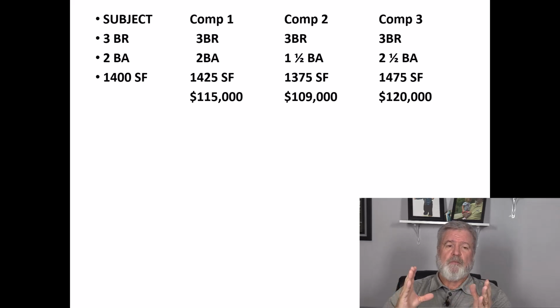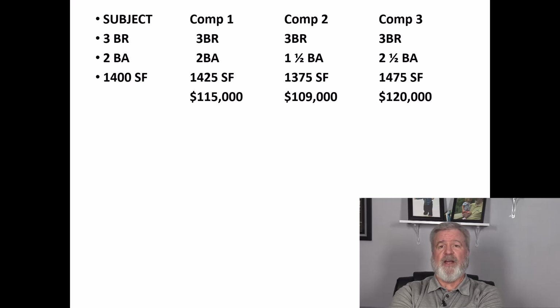So the first question is, if we have to make an adjustment for the square footage difference, we know there's 25 feet difference. Well, what's the value of that 25 feet? Now, I'll tell you what a lot of people will do, especially real estate agents, and some of you already have your calculators out doing this. Might as well go ahead and stop now.